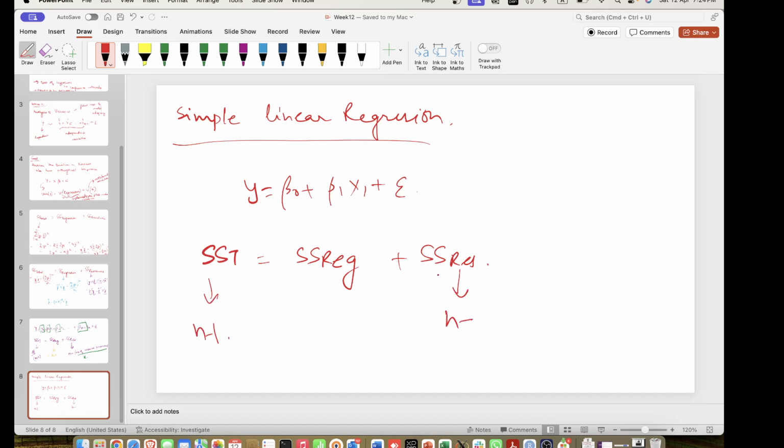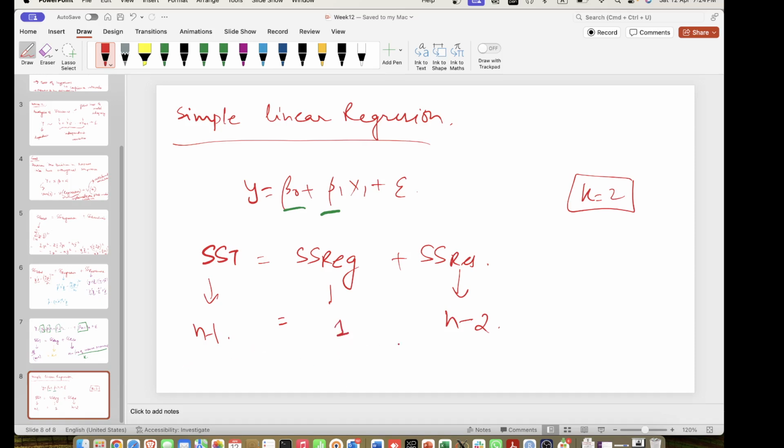Here we have n minus number of unknown parameters, which is 2. Okay, so here we have n minus 2, because here k is actually 2, and here we have k minus 1, that is 1.